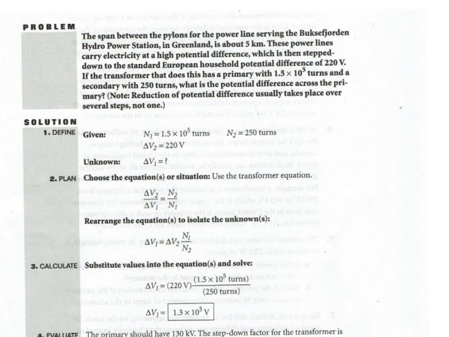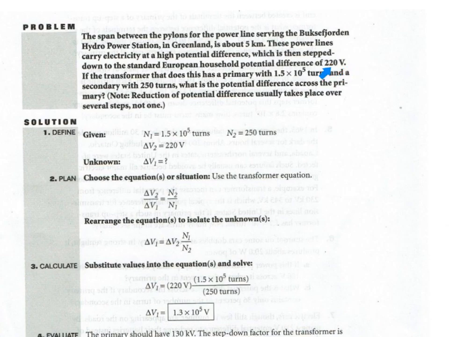So let's look at an example and see how we would approach this problem. So on this problem, we have a power line carrying electricity at a high potential difference, which is then stepped down. The potential difference is 220 volts.